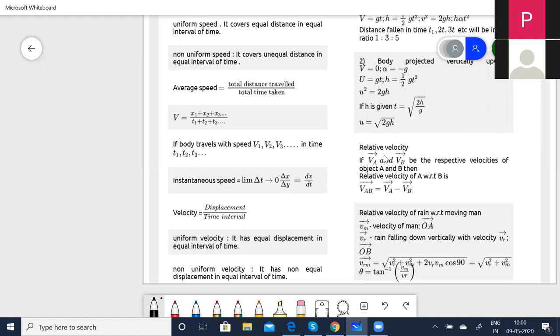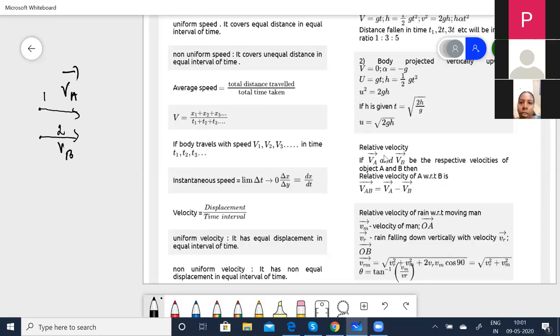So if I explain relative velocity, say this is object 1 starting from this point, and this is object 2 starting with this point. Both are now going in the same direction. Let us say this velocity is VA vector and for this it is VB vector.